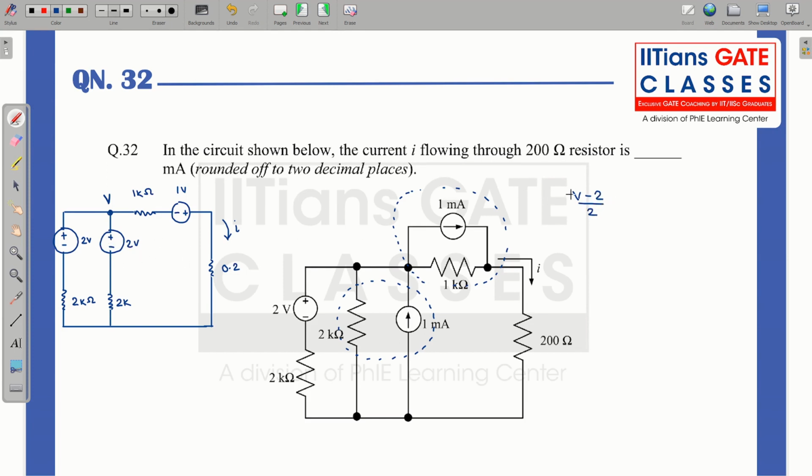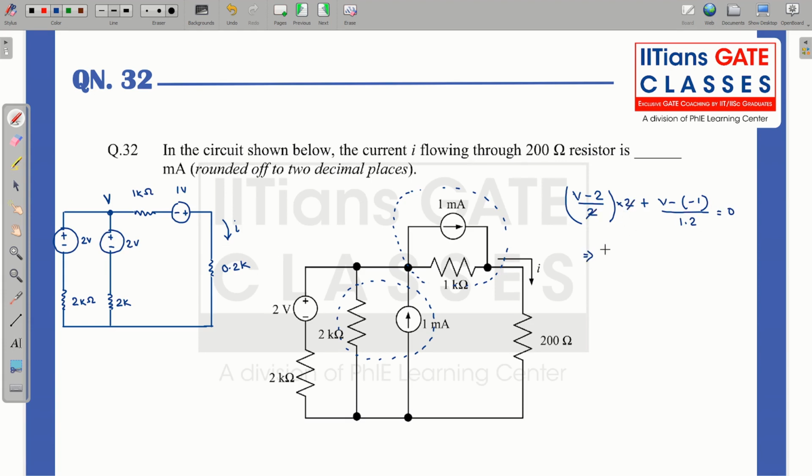As there are two branches, I directly multiply it with 2, and this will be V minus of minus 1, divided by the two resistances in series, so this will be 1.2 kilo ohm, equal to 0.